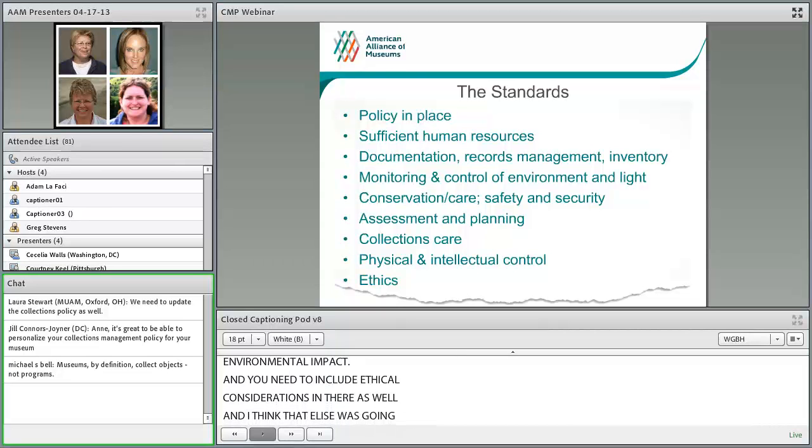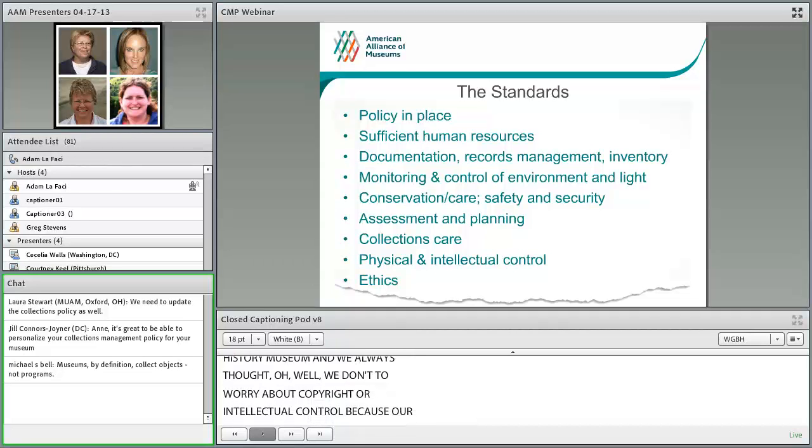Right. And before I go to that, I have a comment about intellectual control. One thing I've noticed and something that we've had to think about in a natural history museum is we always thought, oh, well, we don't have to worry about copyright or intellectual control because our objects are old, they don't have copyright.